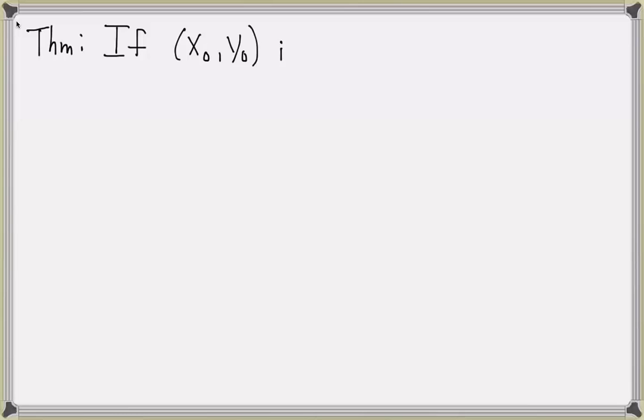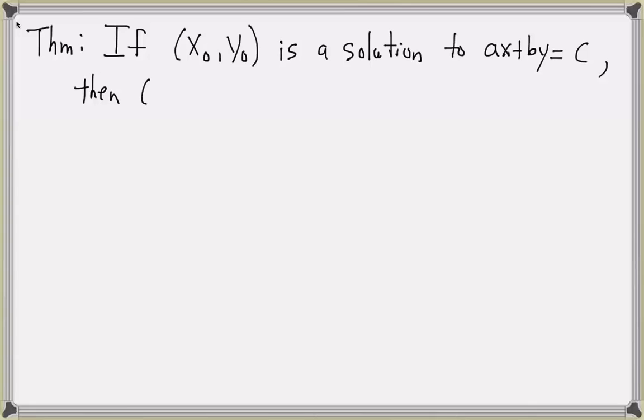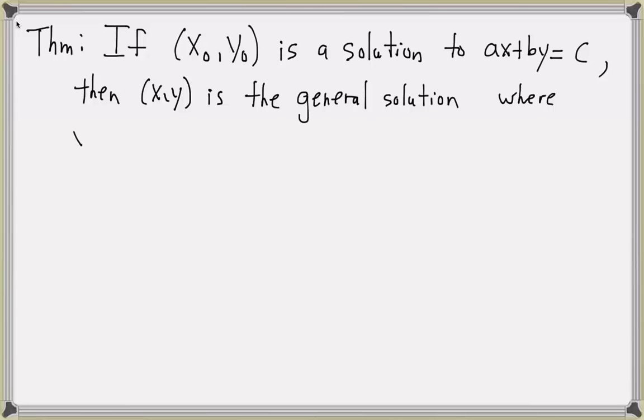If x0, y0 is a solution to the linear Diophantine equation ax plus by equals c, then the general solution (x, y) is where x equals x0, the x coordinate of our particular solution, plus b divided by the greatest common divisor of a and b, which I'm going to call d, times any integer t.